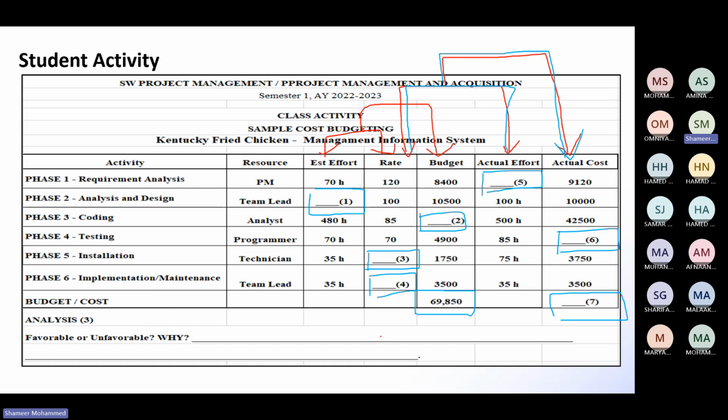So for that reason you have to write here 7. How much did you say? 74,820. So this amount is bigger than this amount. So it is unfavorable.